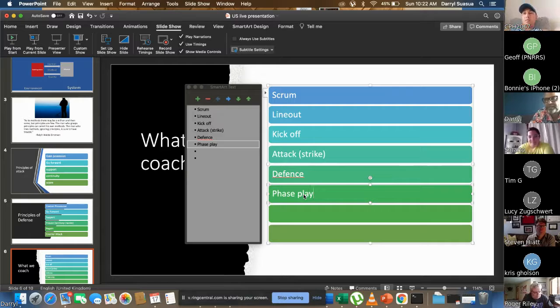Okay. Or sometimes we structure plays, we sequence plays. So all this phase play is just a way so players know where to go, so they're always in support. We coach things like our kick chase. That's phase play. So it's a system that we're coaching.